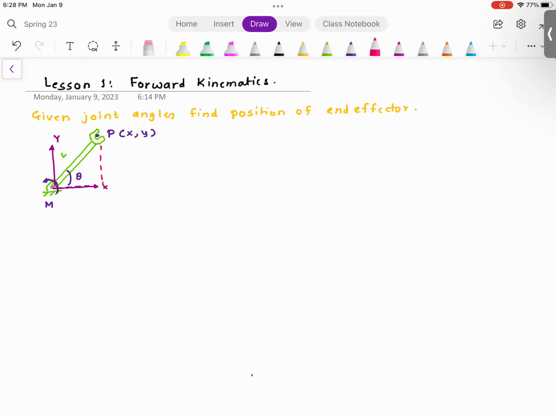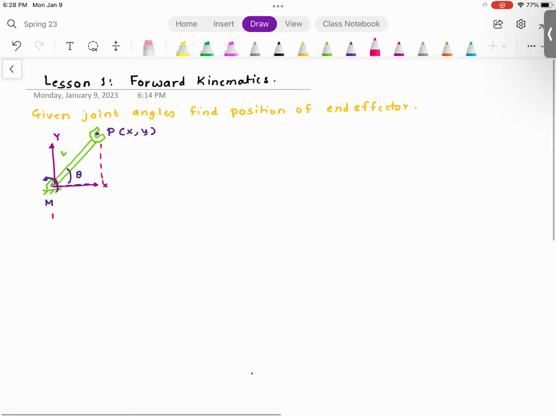So the horizontal distance along x is going to be L cosine theta. The vertical distance along y is going to be L sine theta. And here we use the short form c theta for cosine theta and s theta for sine theta.